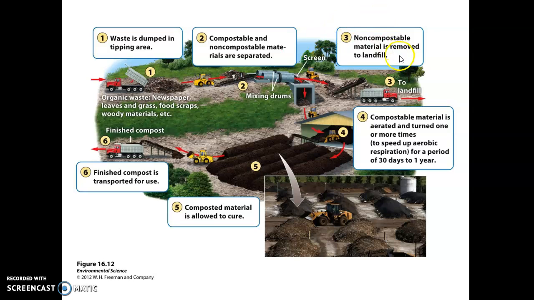And then the non-compostable material is removed to a landfill, and the compostable material is aerated, so oxygen is introduced, and turned one or more times to speed up aerobic respiration of bacteria for a period of 30 days to 1 year. And then it's allowed to cure or dry, and then finished compost is ready to be transported for use, for sale.